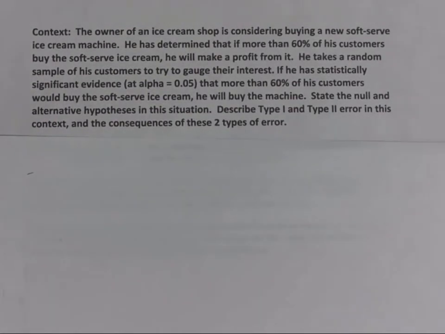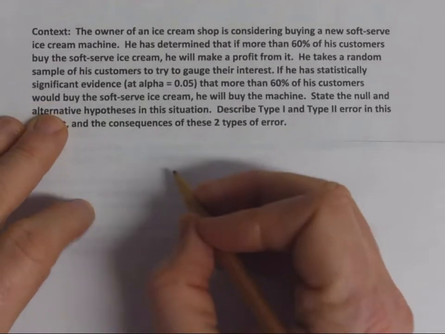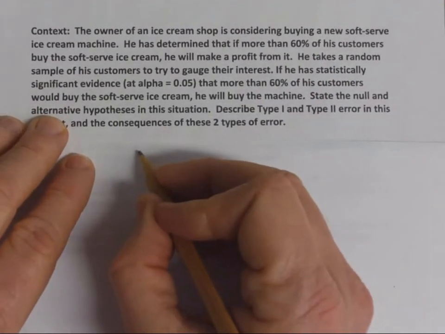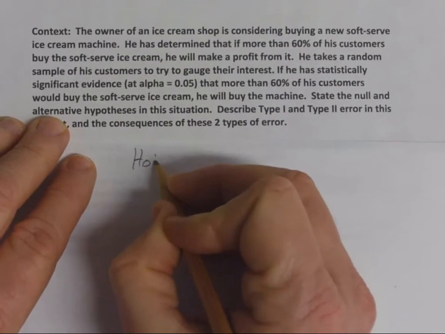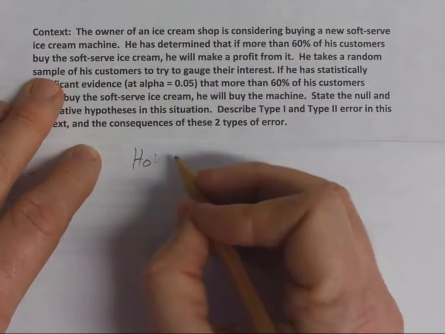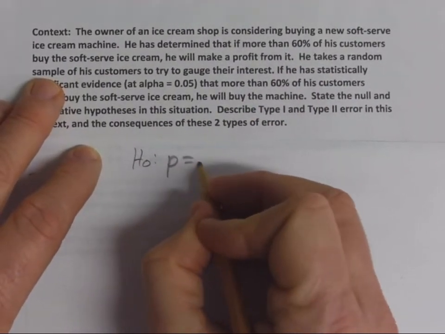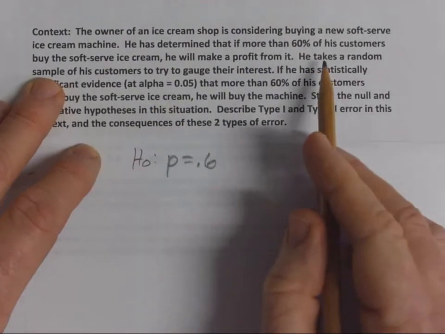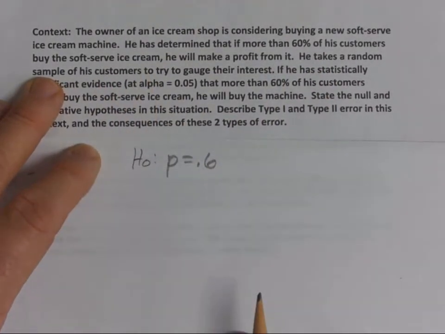State the null and alternative hypothesis and describe type 1 and type 2 error and the consequences of these two types of errors. What we've got here is that our null hypothesis is just, in essence, the status quo. So our null hypothesis is that exactly 60% of the customers will buy the soft serve ice cream.